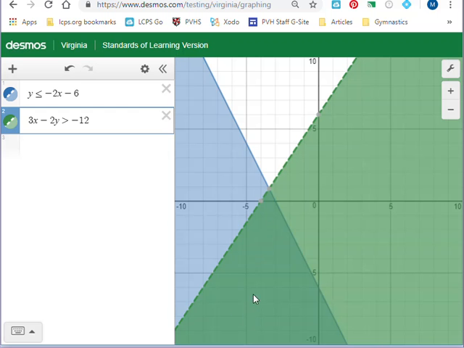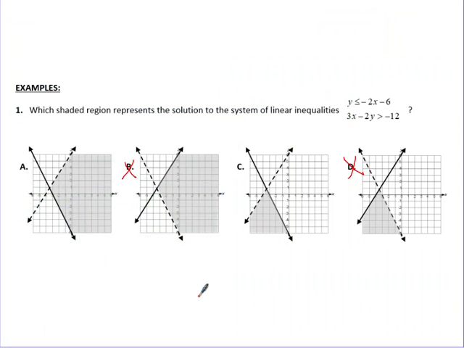So that is the bottom part of the graph. So if we're looking at answer choice A versus answer choice C, C is going to be our answer because that bottom section of the graph is the part that is double shaded on our Desmos graph, so that is our solution.